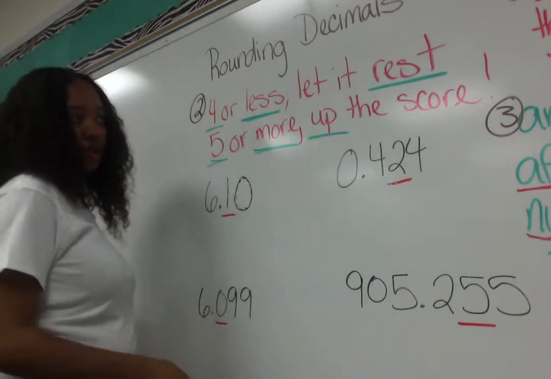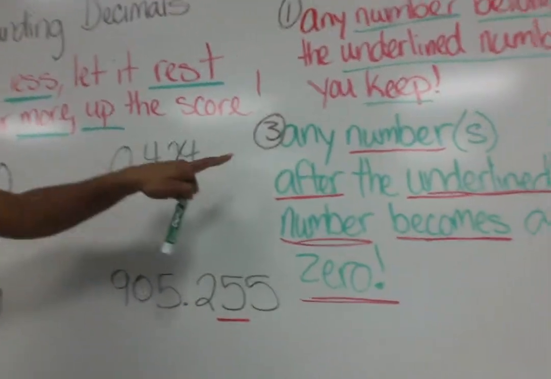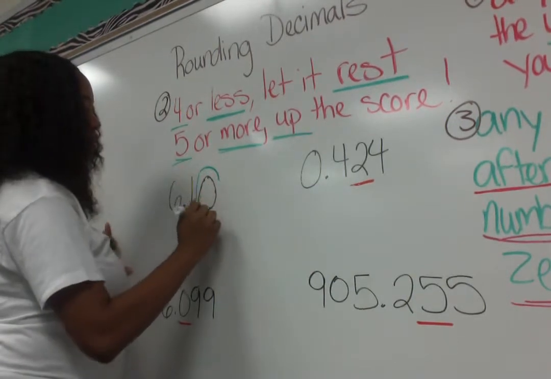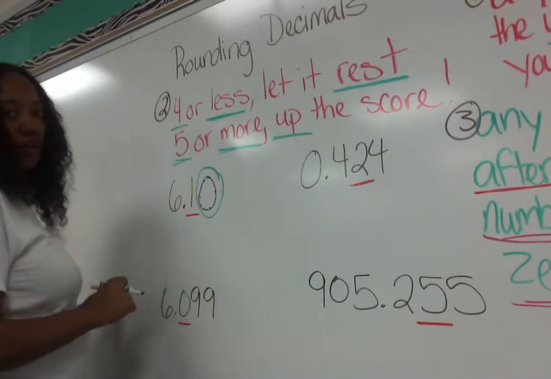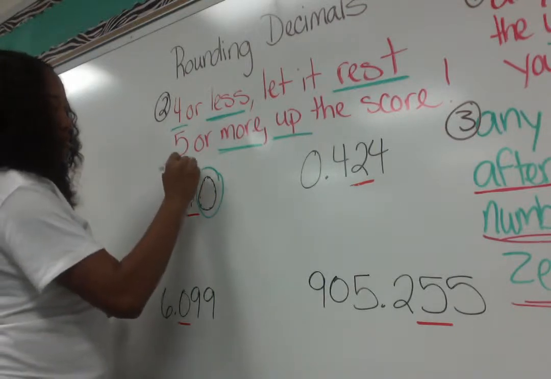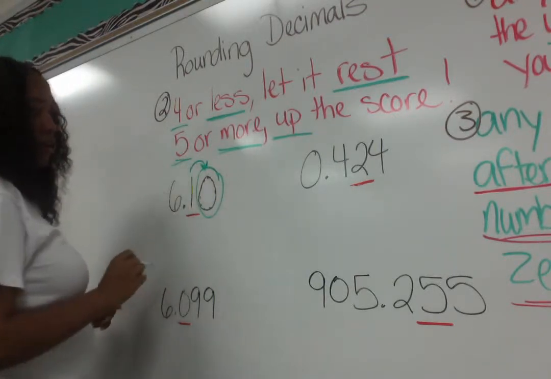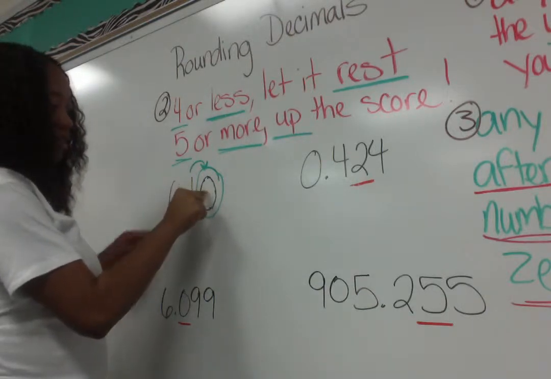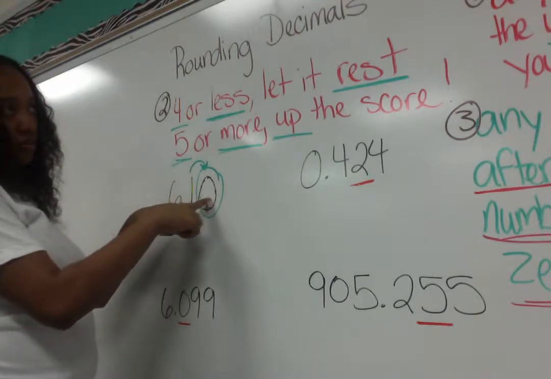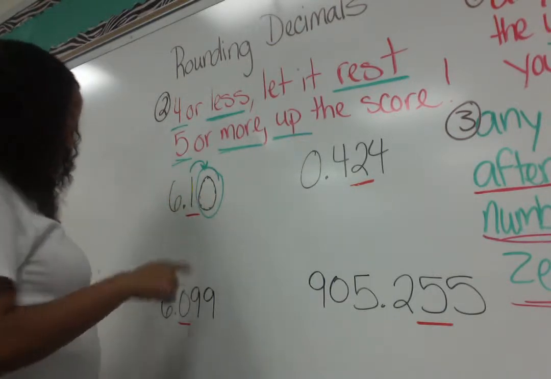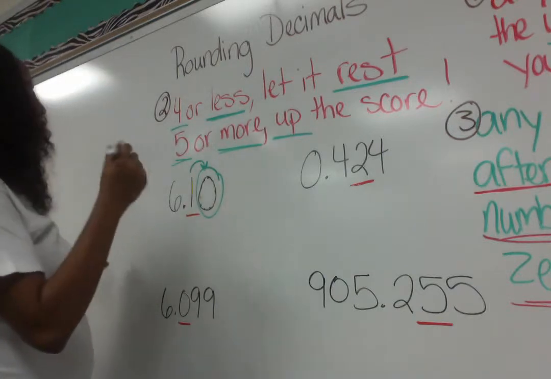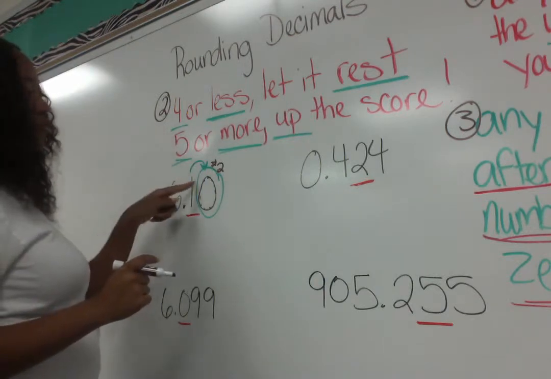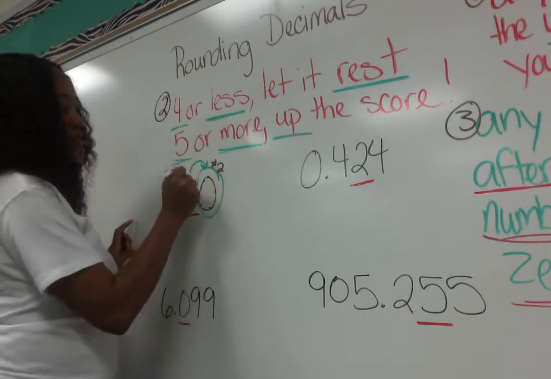What I like to do, which especially makes it a lot easier for my step 3, is circle the number that is after the underlined number. Even draw an arrow if you'd like. Because you need the number that's inside of here to follow rule number 2, which tells me what happens to the underlined number.